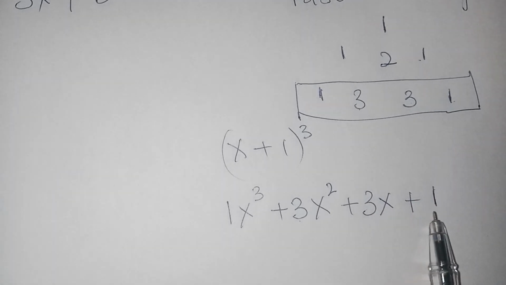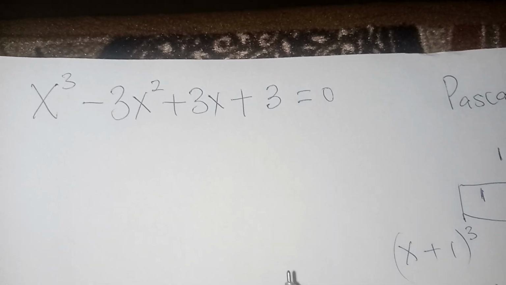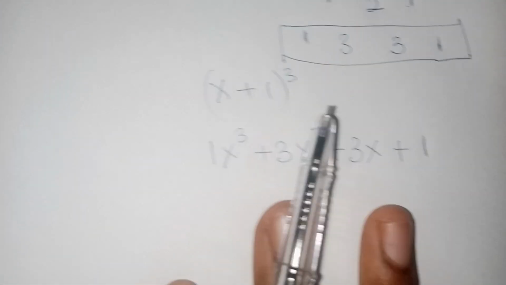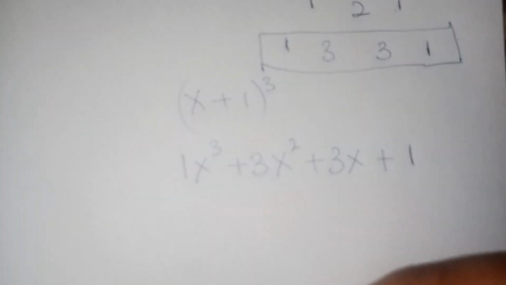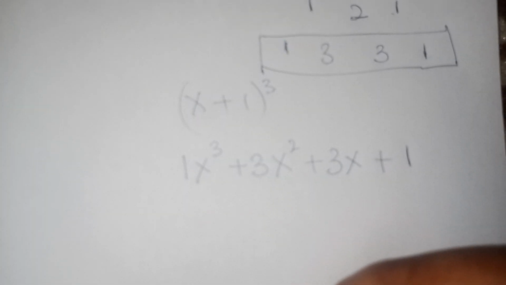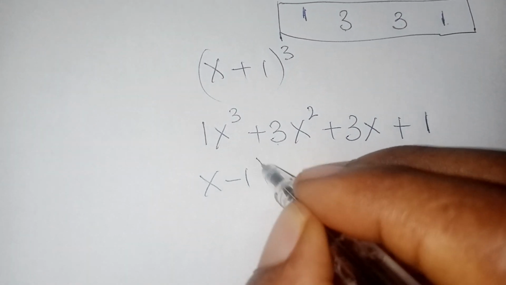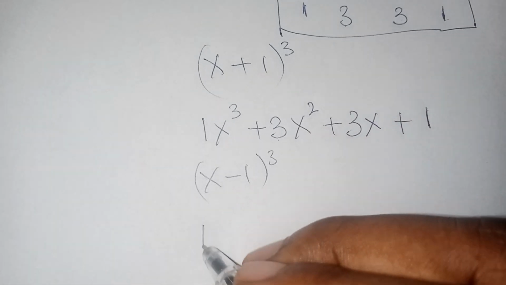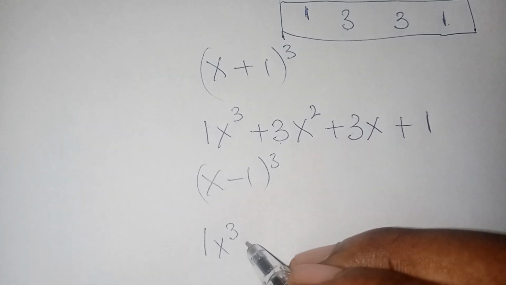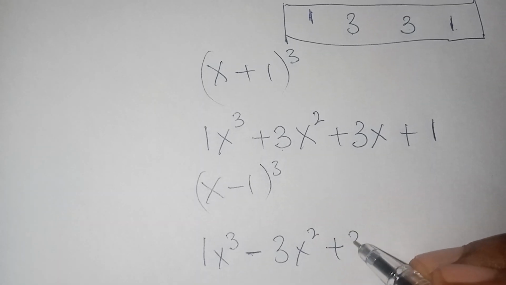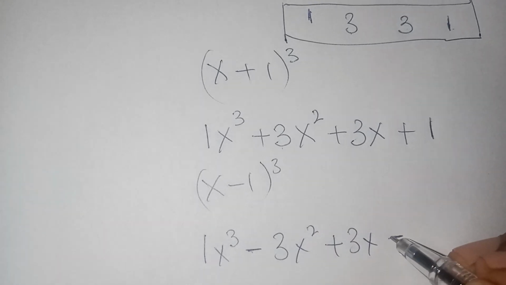But looking at this and the question given to us, we have a negative sign here, so we'll have to go over using x minus 1 to the third power.